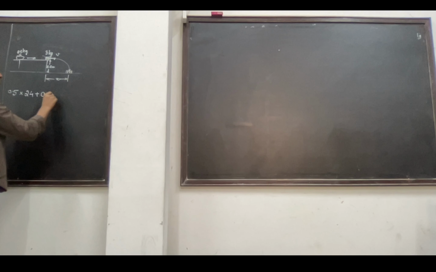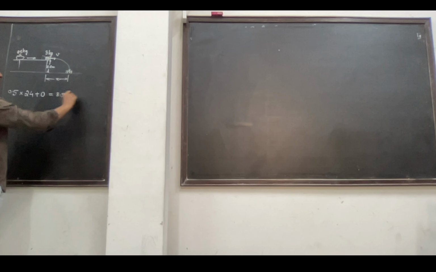This is for the clay or blob. The block is at zero momentum, so no momentum. Then what happens after that? Both the masses will add up. Don't forget that. So after collision, 8 plus 0.5, 8.5 with some V.